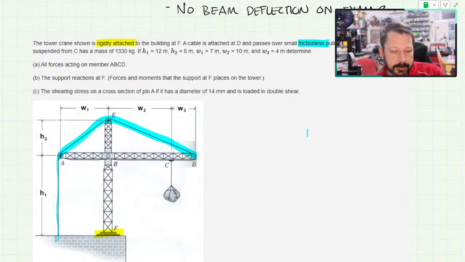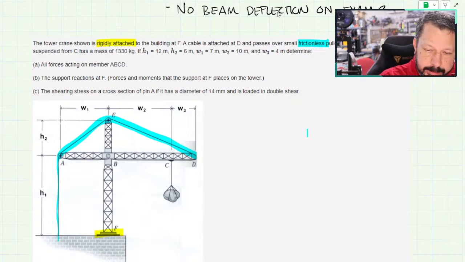So what that means is that the tension in that cable does not change. It's all the same tension anywhere in that cable. The object, so the rock, has a mass. Oh, all right, so it is a mass, not a force. So we do have to convert this over to a force, 1,330 kilograms.